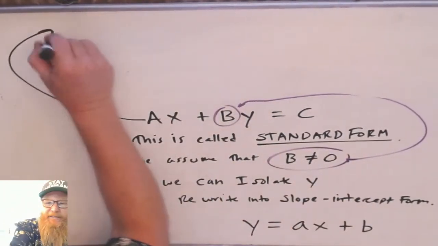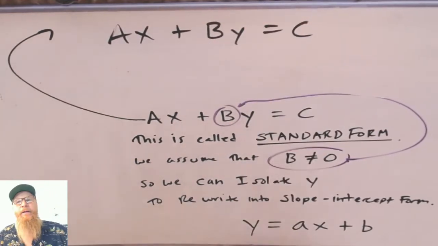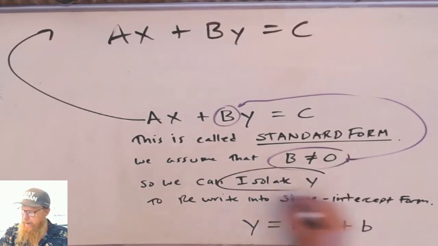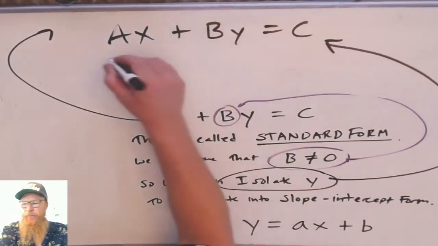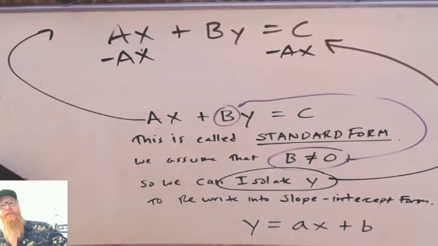So we take something that's in standard form and we push everything onto the right-hand side, isolating the y. We want to get the y all by itself. So we subtract Ax from both sides.